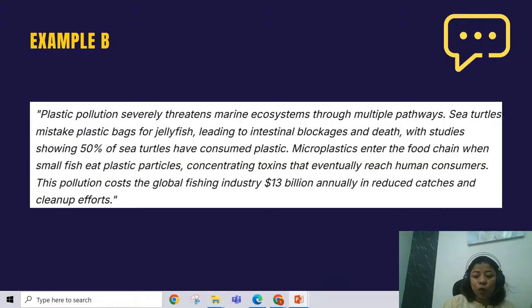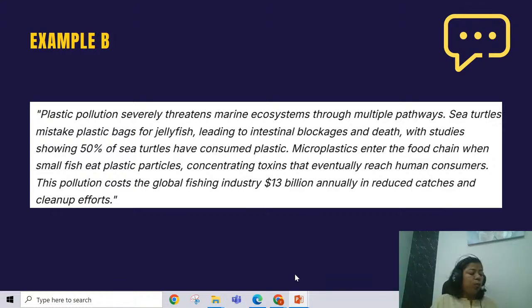Microplastics enter the food chain when small fish eat plastic particles, concentrating toxins that eventually reach human consumers. This pollution costs the global fishing industry $13 billion annually in reduced catches and cleanup efforts.